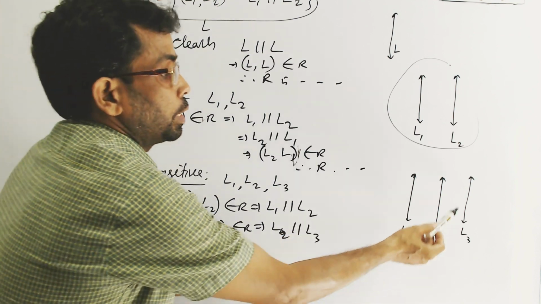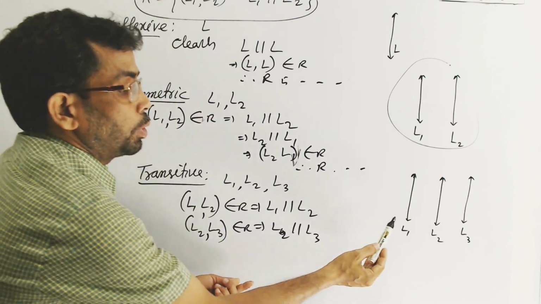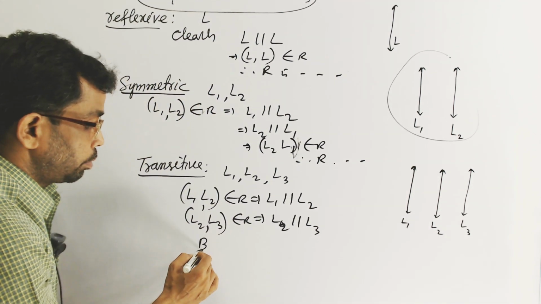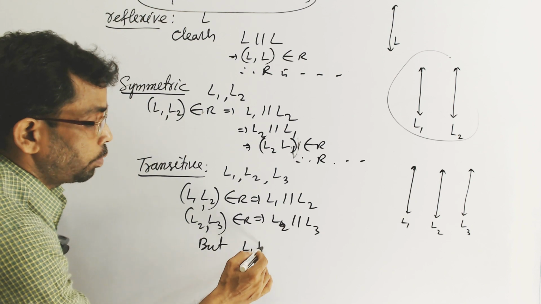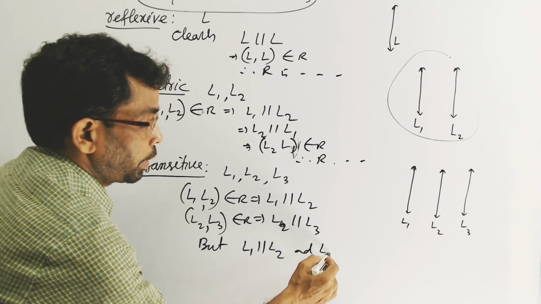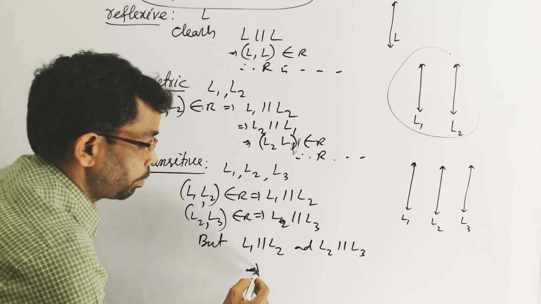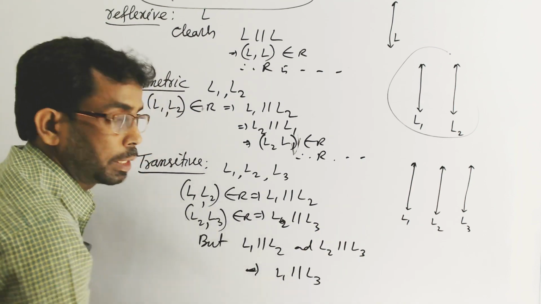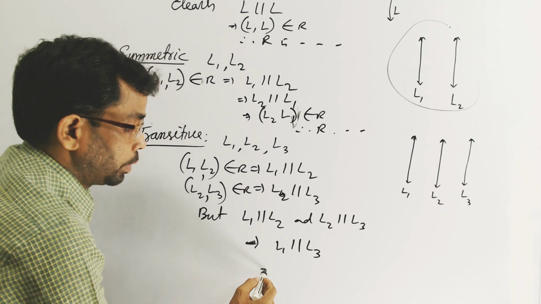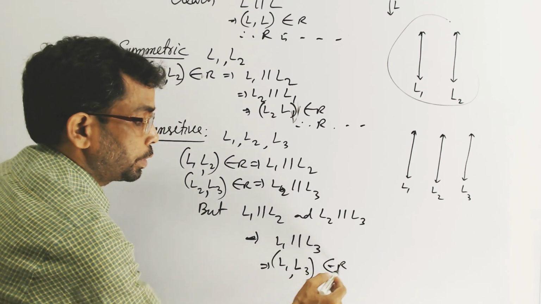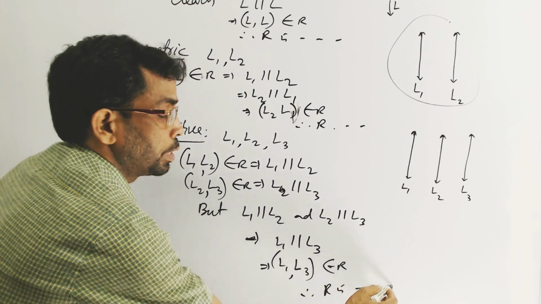We can clearly see in the diagram, L1 parallel to L2 and L2 parallel to L3, which obviously implies L1 parallel to L3. And then we can say the pair L1 L3 is also in the relation.